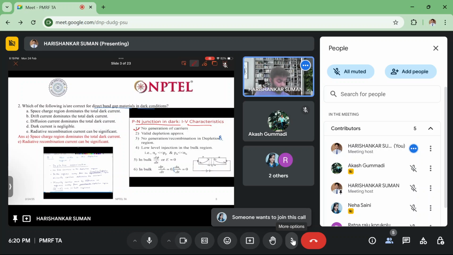Okay. Under the depletion approximation, no generation or recombination in the depletion region. Low level injection in the bulk and bulk electric field is zero. So these are the assumptions or ideal conditions for the PN junction in dark.